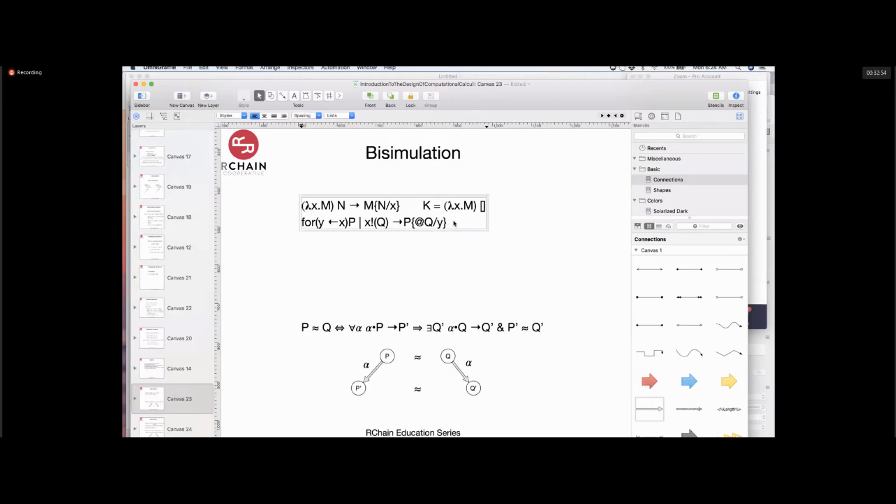So there's my context. And in this case, here's my context: par some whole. And in the case of the rho calculus, we can do even better.